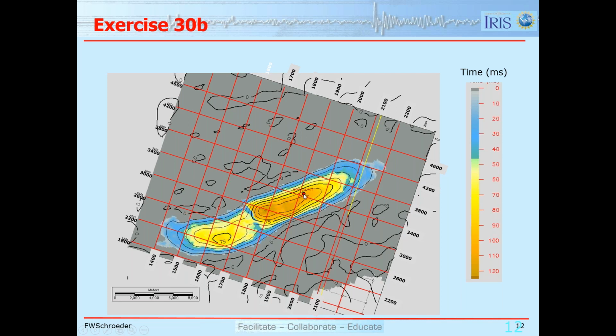The discovery well was drilled at this location. And so the question that you're asked to think about and try to solve in exercise 30B is if you were allowed to drill a couple of field delineation wells or confirmation wells, where would you locate those so that you got the maximum amount of information?